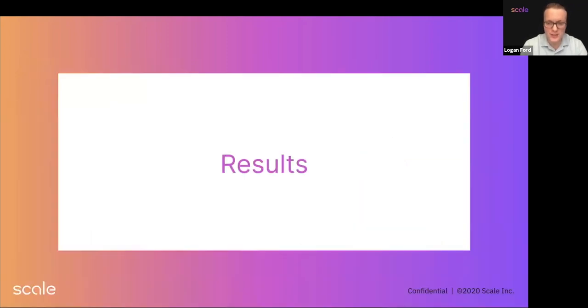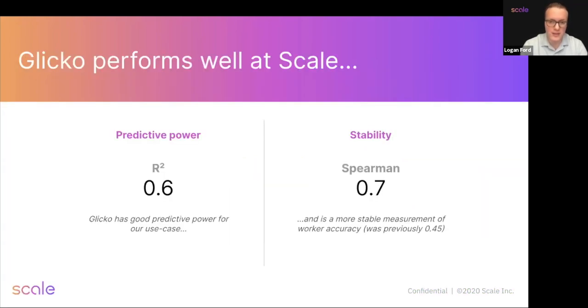And so digging into some of the results here with this application, we'll be taking two viewpoints. One is on how well it performs statistically. There are basically two main metrics that we used for measuring how effective it is. For one, we looked at the predictive power.